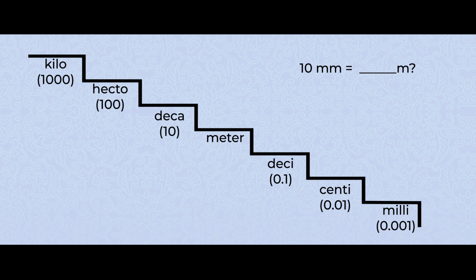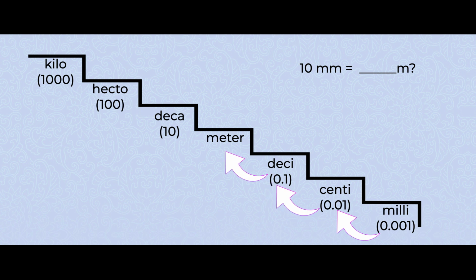Meaning you have to change from smaller unit to a greater unit. Now let's see how many steps do we need to go up to reach meter. From millimeter, you reach centimeter, that is one step. From centimeter, you reach deci, that is second step.